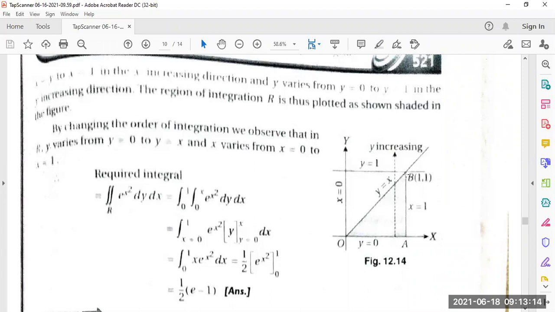What is the value of x? 1. 1, sir. 1. And here it is the initial point. In initial point, what is the value of x? 0. 0. And in final, in this line, what is the value of x, y?